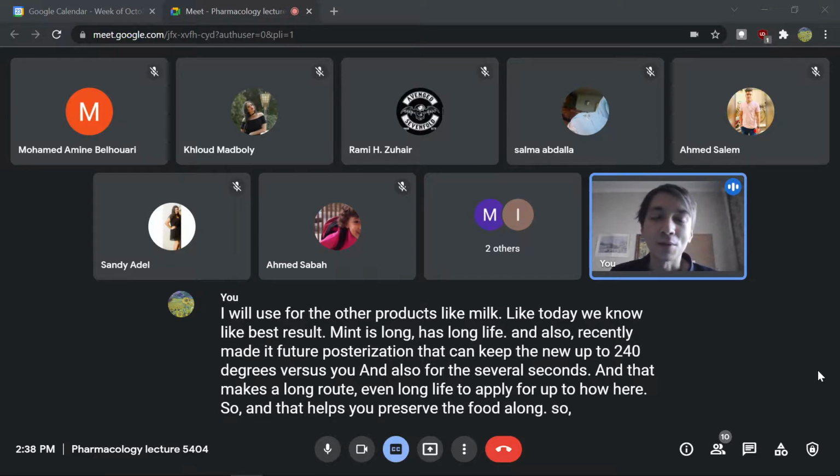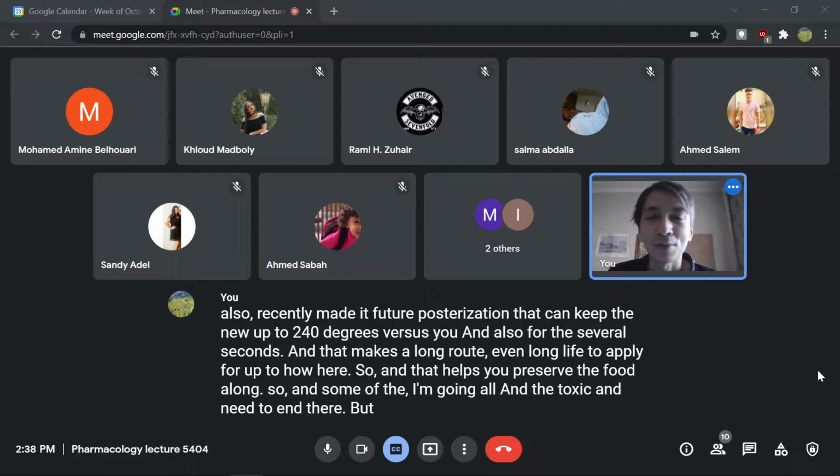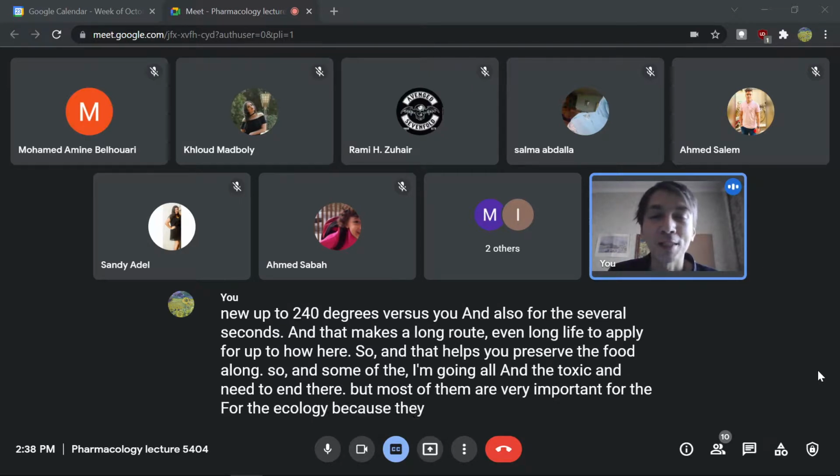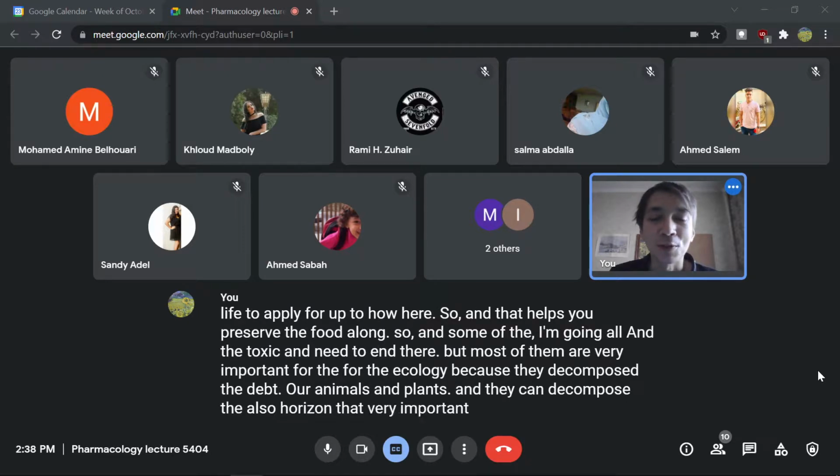So some of the fungi can be toxic and lead to death, but most of them are very important for the ecology because they decompose the dead animals and plants, and they can decompose the polysaccharides, that is very important for the ecology.